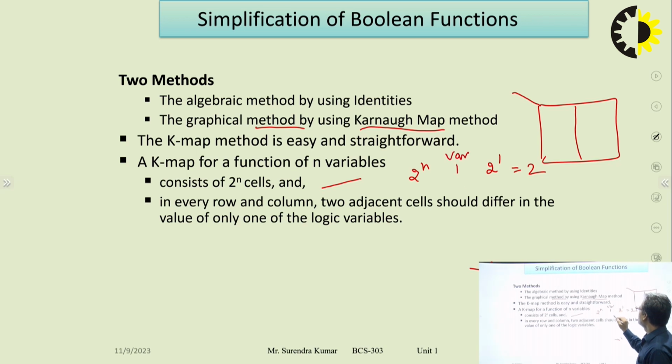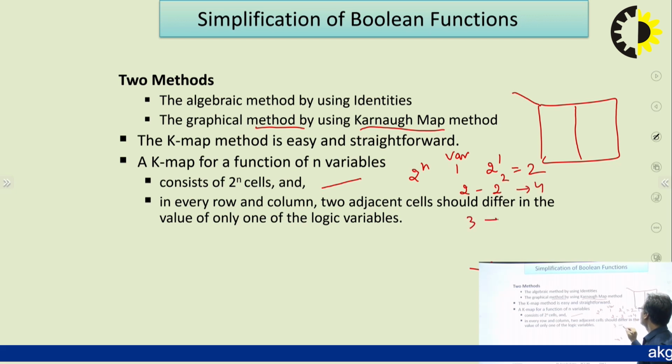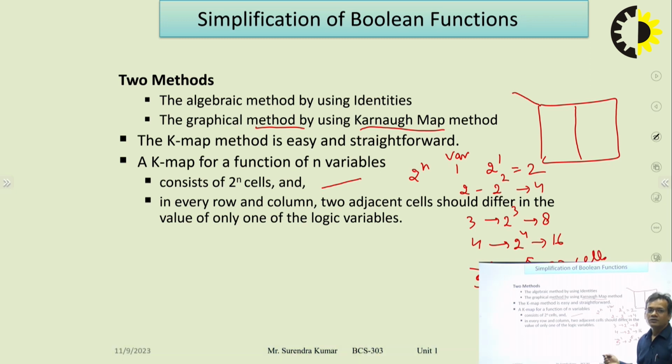For 2 variables, 2 raised to power 2, it will contain 4 cells. For 3 variables, 2 raised to power 3, it will contain 8 cells. For 4 variables, 2 raised to power 4, it will contain 16 cells. For 5 variables, 2 raised to power 5, that means 32 cells, and so on.